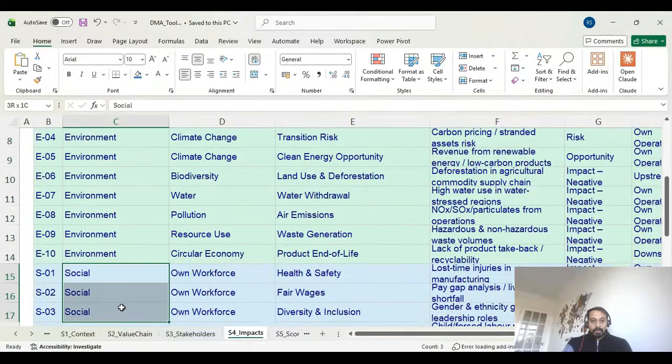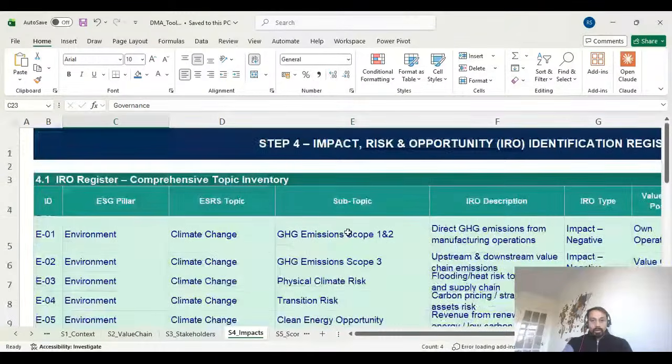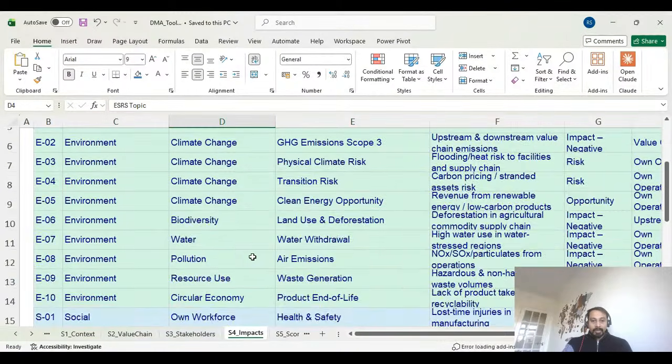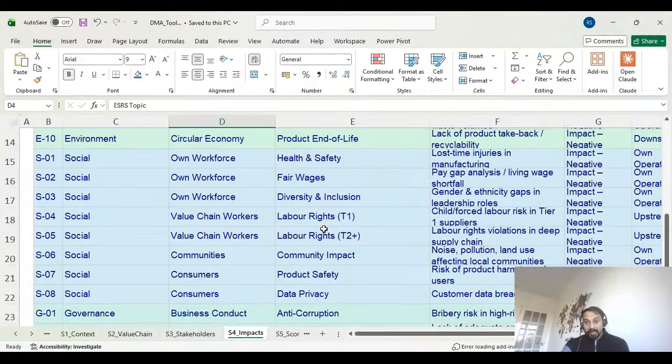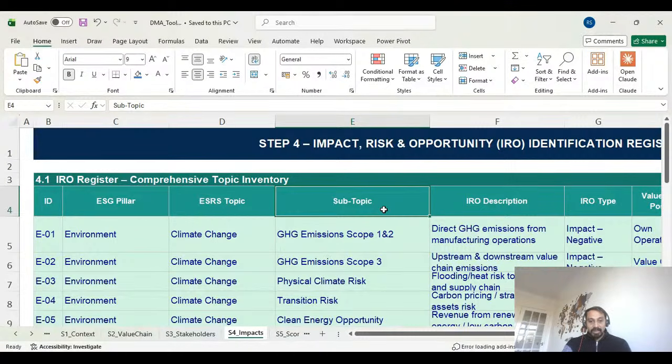Similarly, you can also mention it for social and governance topics. So all these subtopics and ESRS topics can be your material risks. It might be more, it might be less, but you have to do all of this with your stakeholders and impact analysis.